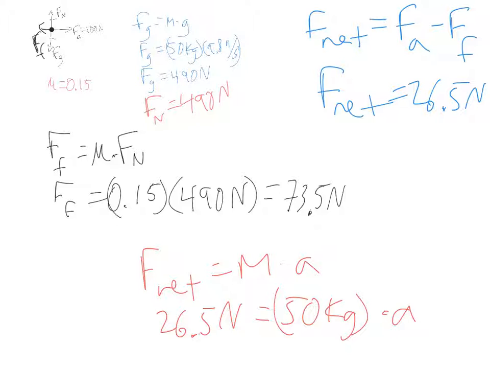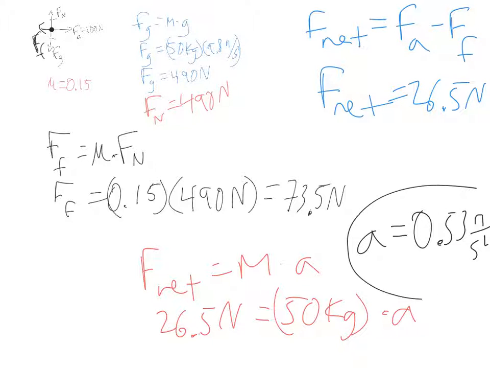All we have to do is divide 26.5 by 50. Following along on your calculator, you get that the acceleration is equal to 0.53 meters per second squared. There's your solution. Part E is an optional extension. It's a good optional extension, but know that it is optional.